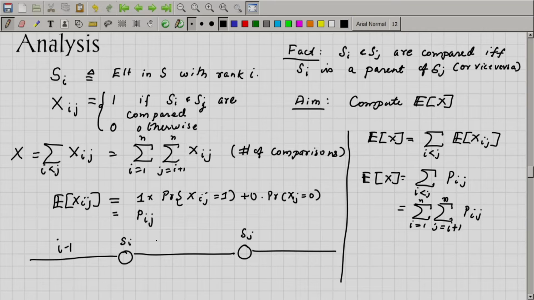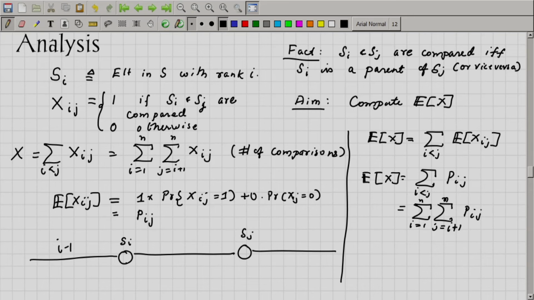Now, in our algorithm we are randomly choosing various pivots. In this interval from i to j, there are precisely j minus i plus 1 elements. Okay, so, if this is the 10th element and this is the 20th element, then from 10 to 20, including 10 and 20, there are 11 elements.